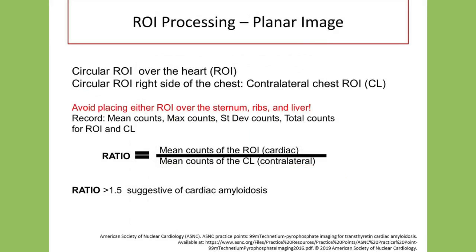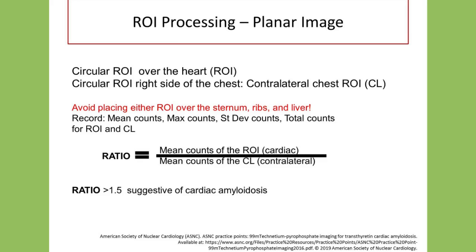But as I mentioned earlier, the regions of interest can be a little tricky, and first and foremost we need to ensure we're putting the region of interest in the right location. The region of interest over the heart should be circular and be over the area of the myocardium where there is suspected activity. Our contralateral chest region of interest should be drawn on the right side of the chest, on the outside of the sternum in the lung area, and you always want to avoid placing either region of interest over the sternum, ribs, or liver.